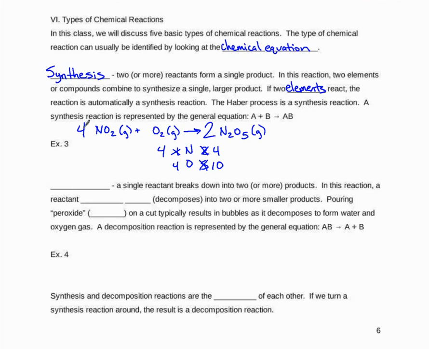I now have 4 times 2 is 8, plus 2 more is 10. And it looks like we're balanced. So let's go ahead and check our work just to be sure. 4 nitrogens, 2 times 2 is 4 nitrogens. For oxygens, we have 10 in the products. Here we have 4 times 2 is 8, plus 2 more is 10, and it really is balanced.